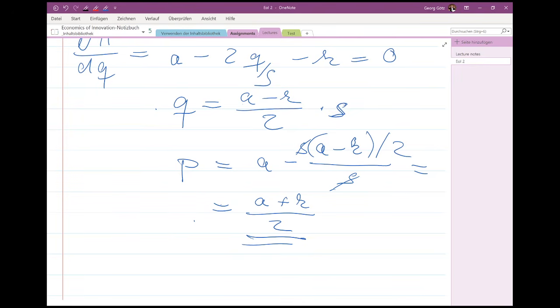If you synchronize that, it should work. You would be able to see that, and that's a nice thing about using these OneNote notebooks, hopefully.